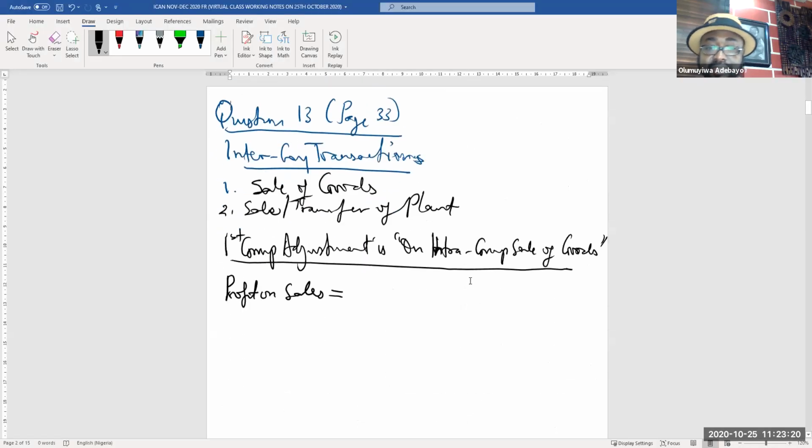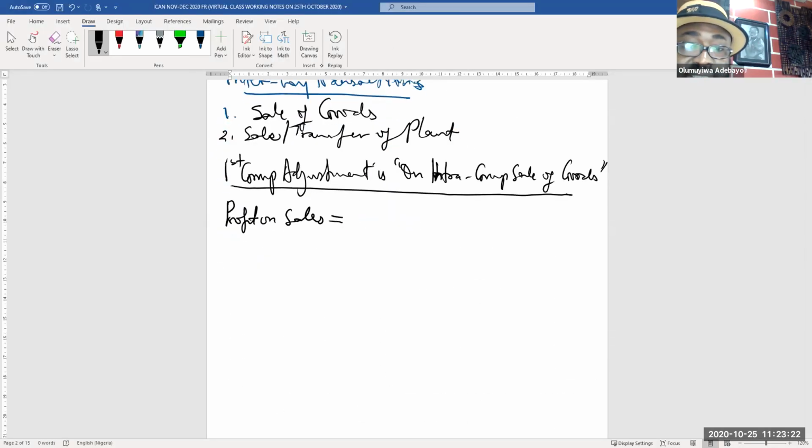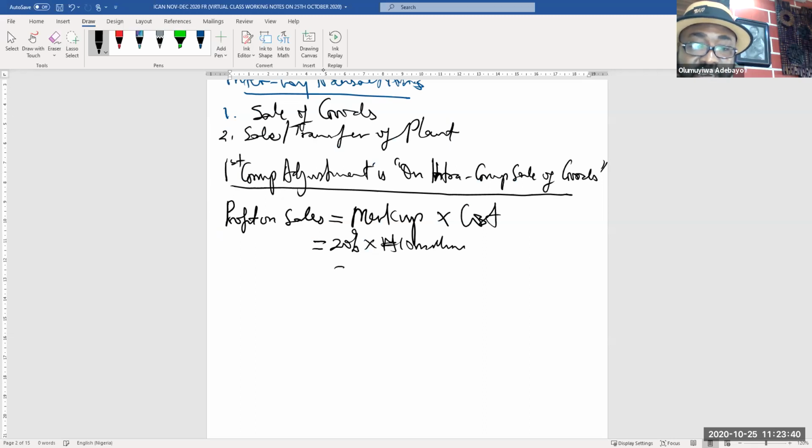Now, in this case, for my profit on sale, I have information about the markup and I have information about the cost. I don't need to convert. I'll now do what? 20% times 10 million. That gives me how much? 2 million naira.